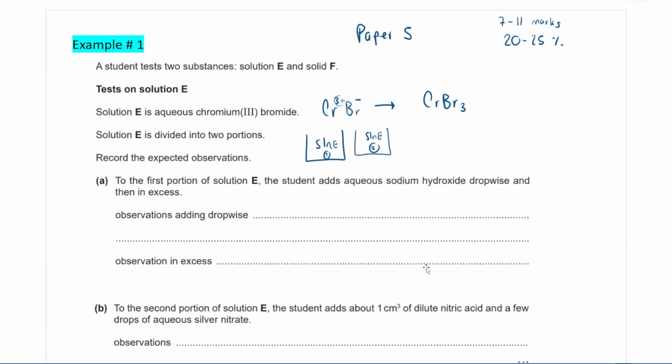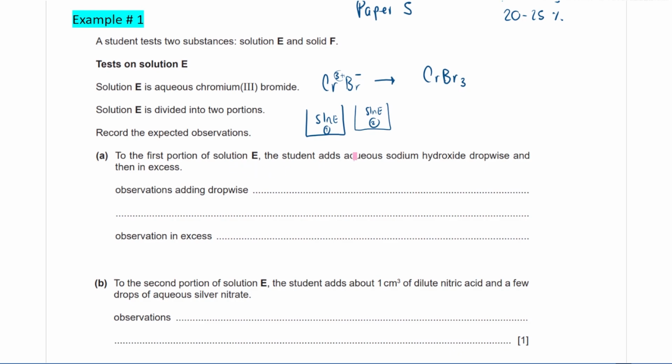Here they say that the student adds aqueous sodium hydroxide dropwise and then in excess, and they ask for the observations. So please remember, observations here are actually observations. This might be obvious, but an observation is what you can actually see.